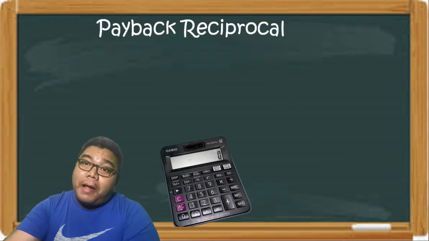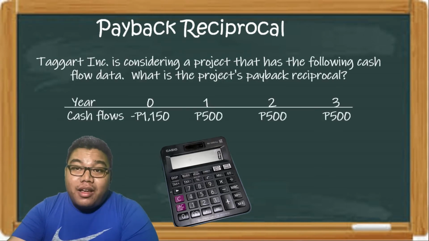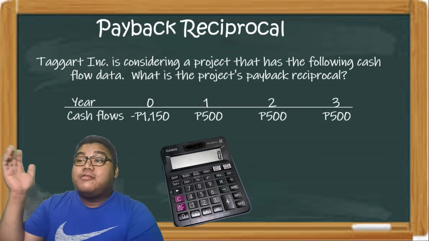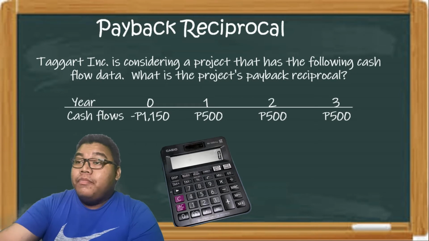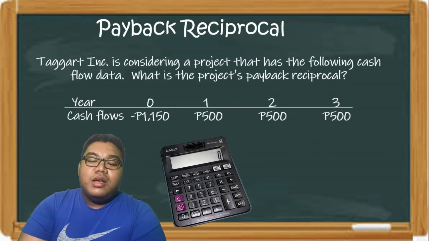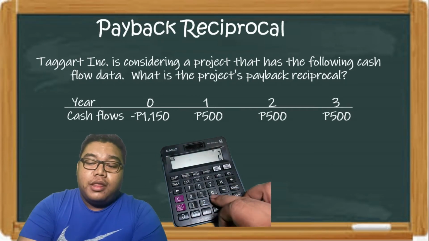Now we go to payback reciprocal. How do we compute payback reciprocal? It is simply 1 divided by the payback period. So we have computed the payback period for this investment. Now, how do we compute for the payback reciprocal? We key in 1 divided by 2.3.